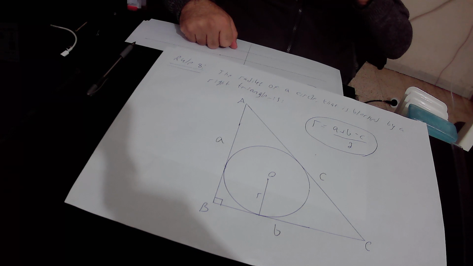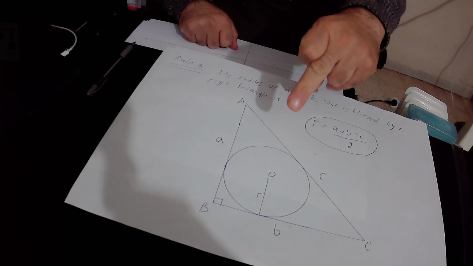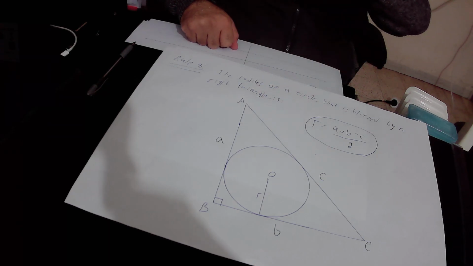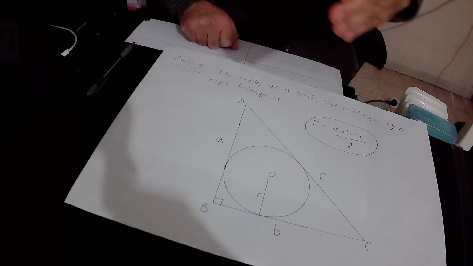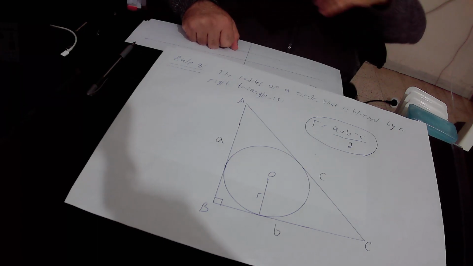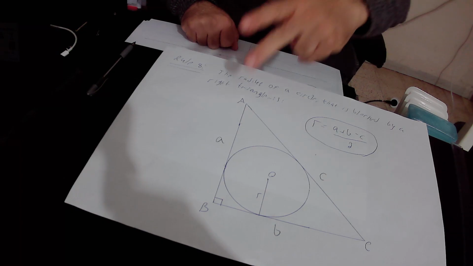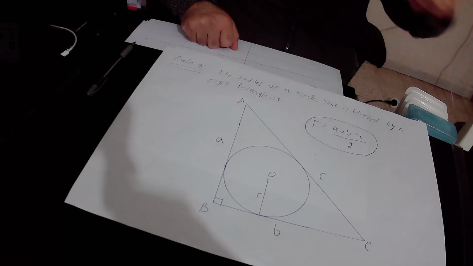So according to rule number 8, we can find out the value of R only by knowing the side lengths of the right triangle that blocks this circle. That is to say, the radius R will be equal to A plus B minus C over 2.